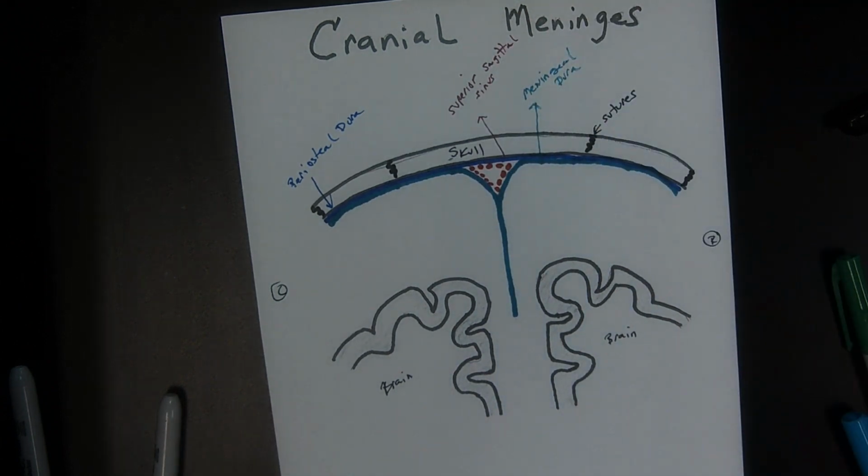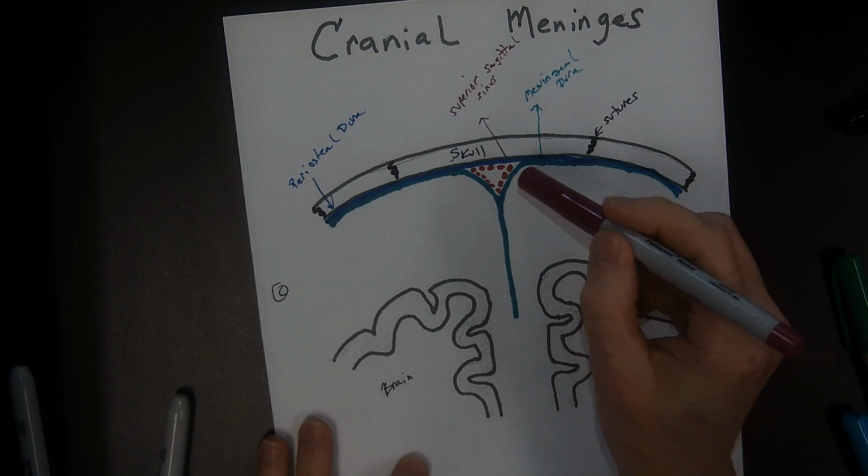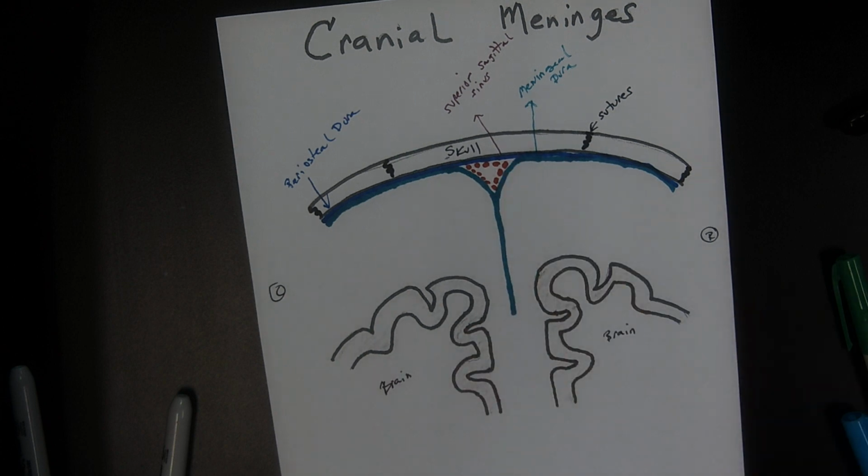Okay, your superior sagittal sinus. And the purpose of the superior sagittal sinus is going to be to help drain venous circulation and also help drain CSF. And we'll see that here in a minute. But this space is your superior sagittal sinus.